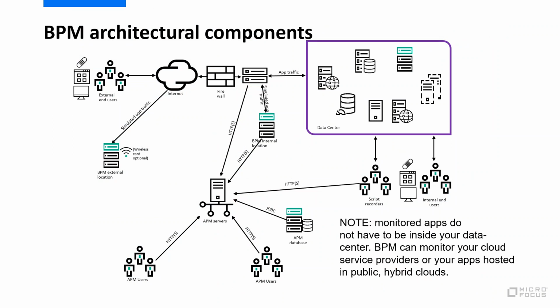I think you are already familiar with this architecture of BPM. The BPM is responsible for collecting the data by connecting to any application server and pushing that data to APM. So we are already aware of this, and I had explained the flow as well, how to upload the scripts and all.